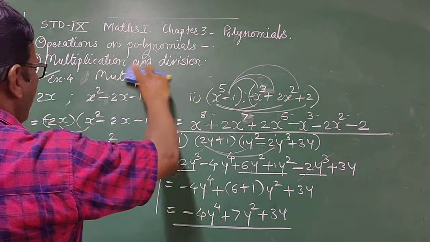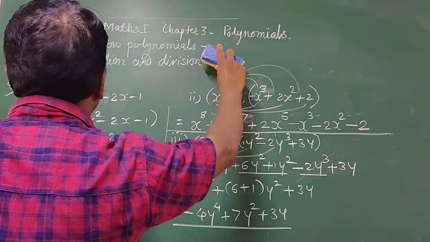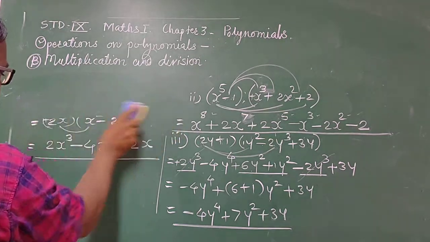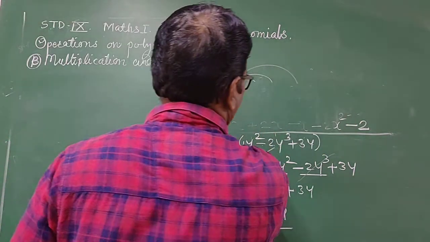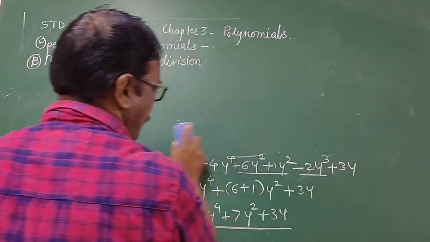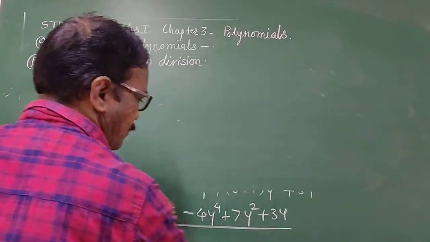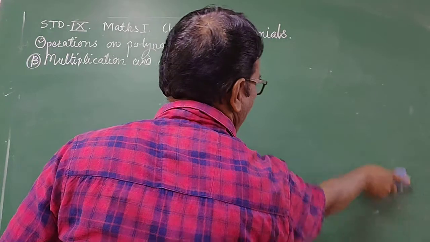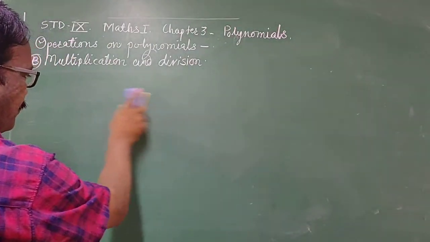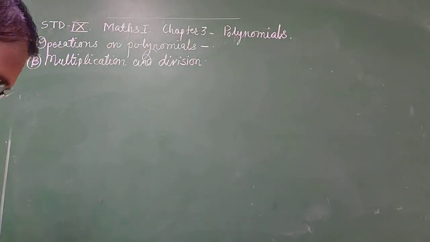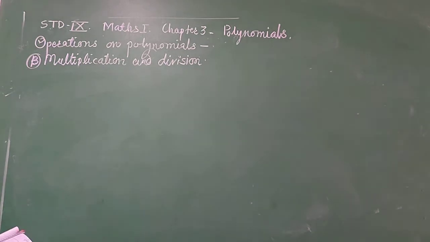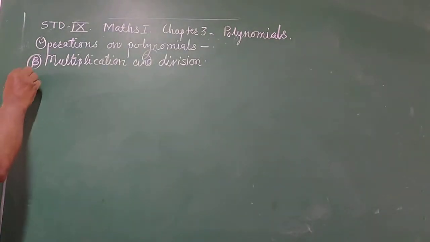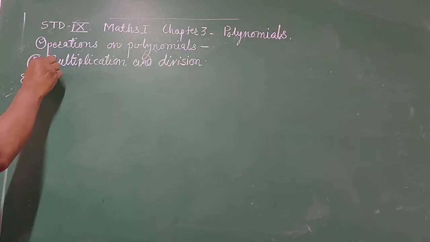Division of two polynomials. So there is question number 5.